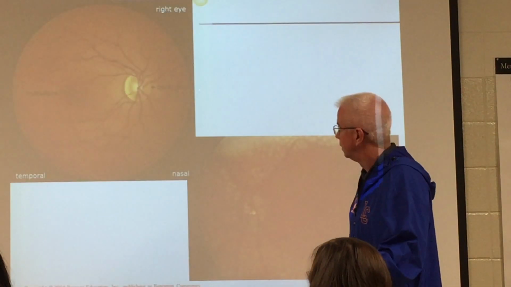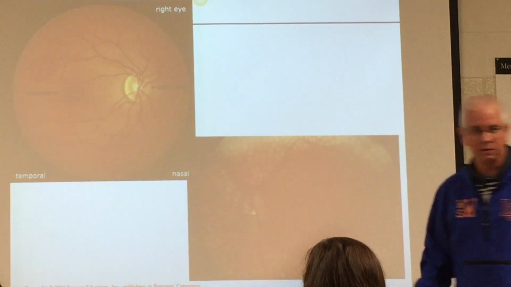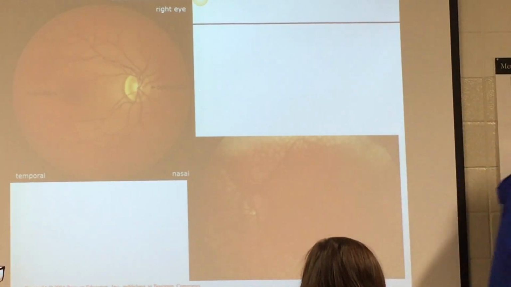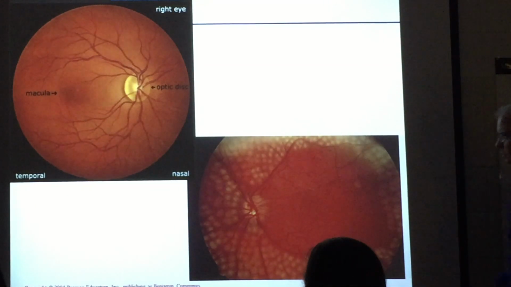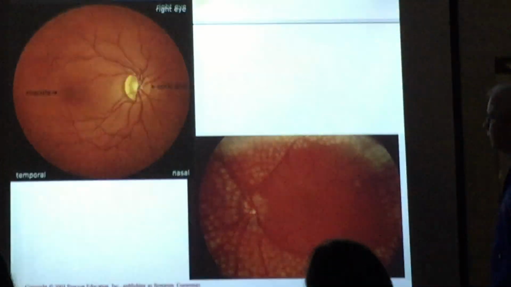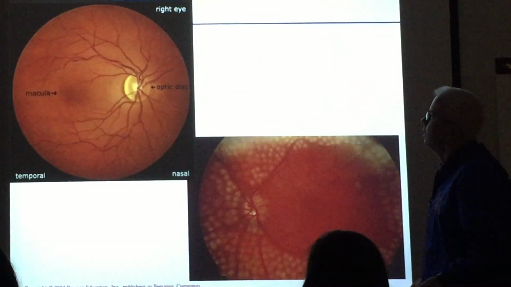So you look through here, let me turn the lights off. Can you get the lights there? Switch over there. Oh, great. So this is actually a picture of a diabetic eye here, and you can see capillaries that have major blood vessel problems here.